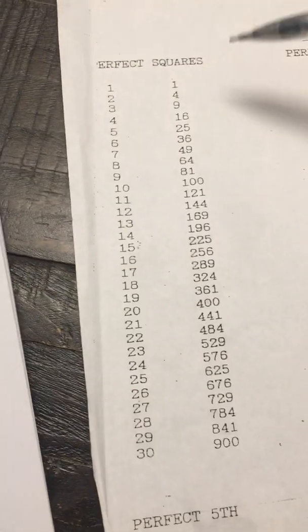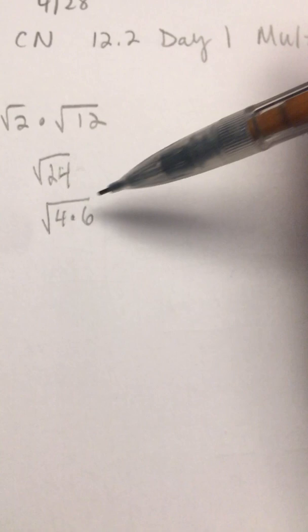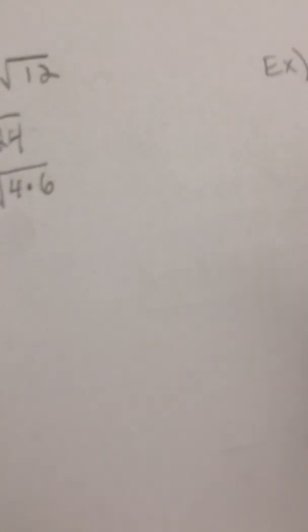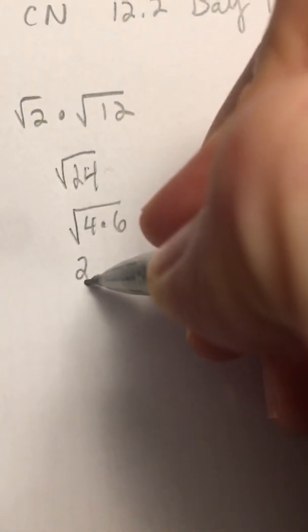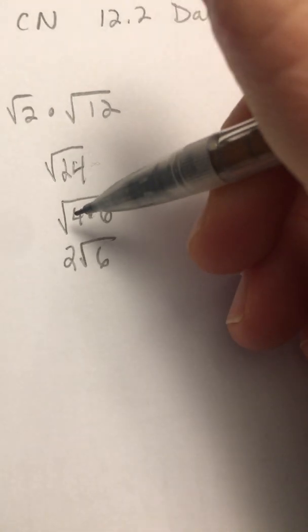One of these numbers has to be on your power sheet. And 4 is perfect, so I know I want to use that. 6 is not. That's going to stay in the jail. When it comes out it's something different. 4 comes out as what's across from it, a 2. So we have 2 that comes out and 6 that stays in jail. Perfect comes out, not perfect stays in.